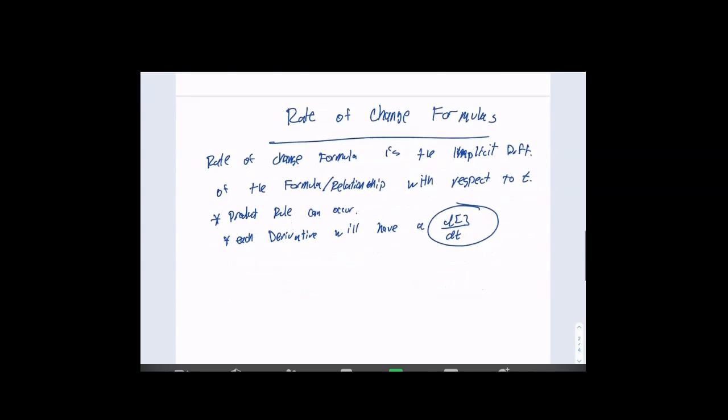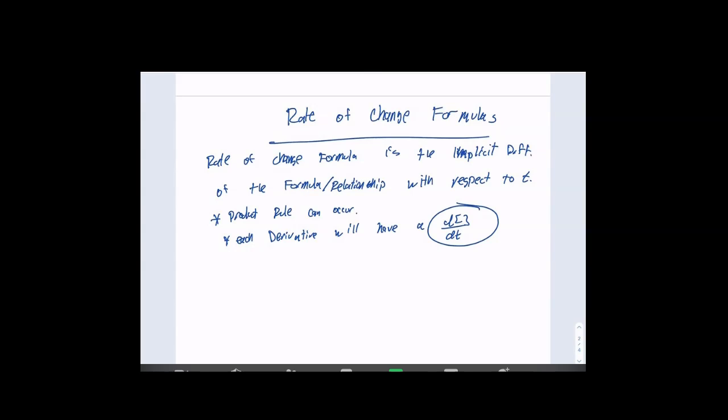Remember when we did those other ones and you had dy dx, and that only happened when you were differentiating a y, but when you differentiated the x, because you were differentiating with respect to x, you had just the number or just the variable. You didn't have a dx. We didn't write that. But on these problems, you're going to have dx dt, dy dt, dl dt, dw dt, dh dt, dA dt.